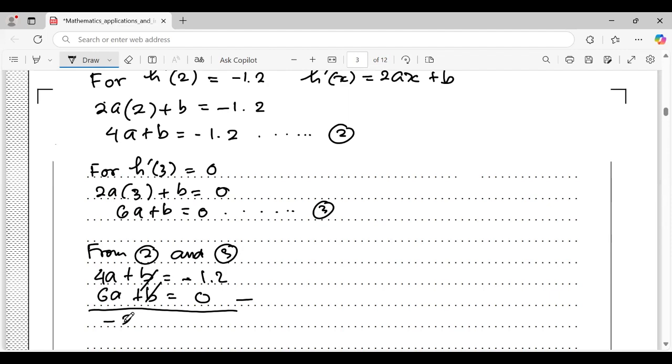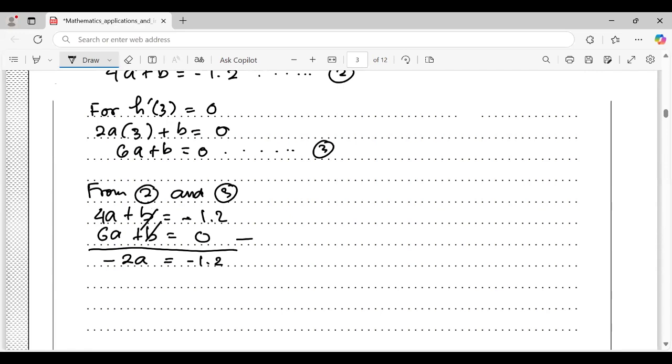This is minus 2a equals minus 1.2. Means a equals minus 1.2 over minus 2, and it equals 0.6.